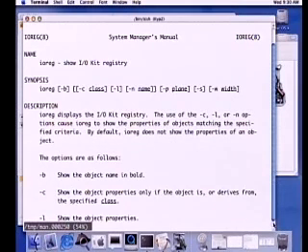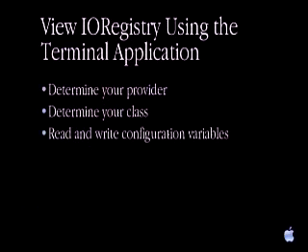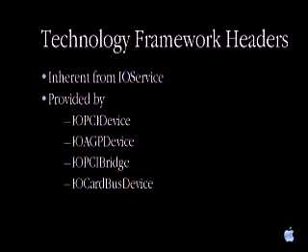One of the things I needed to learn was objects and classes. Who supported whom and where did you get your providers from. So let me switch back over to my machine for a second. You want to determine who your provider is, and you want to determine your class, and you want it to read some variables.